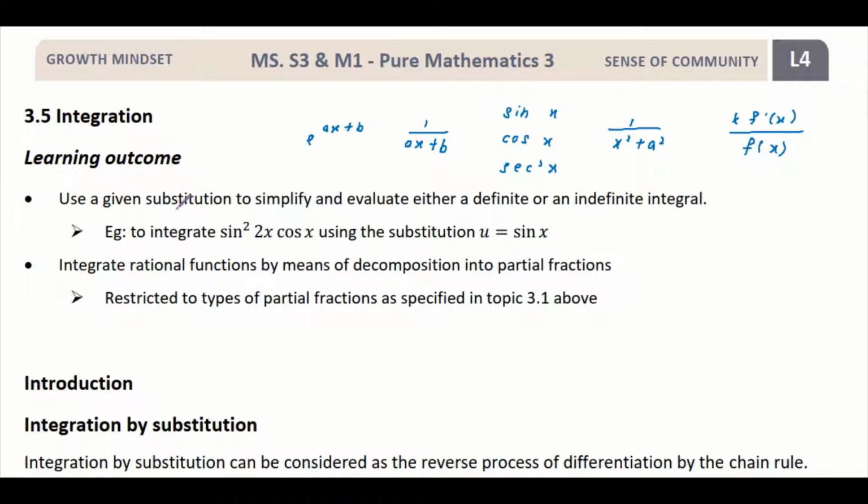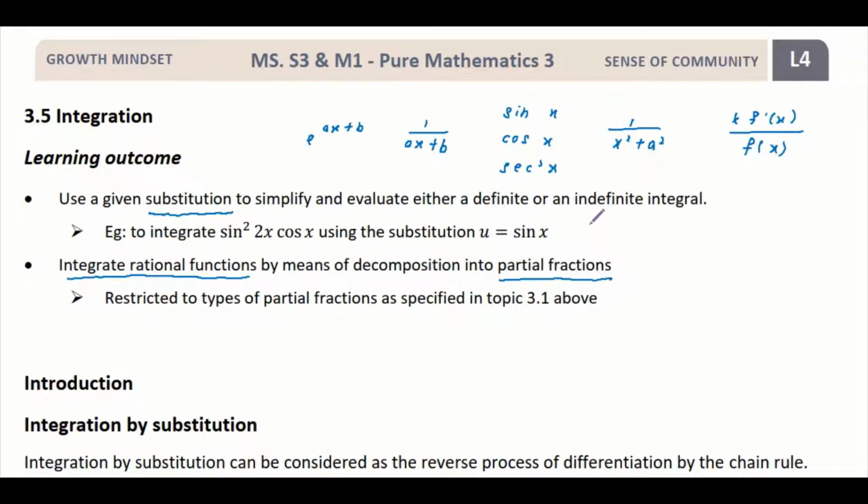Okay, so today's focus will be the first one, which is what we call integration by substitution. And the second one is how we integrate rational functions by using partial fractions.